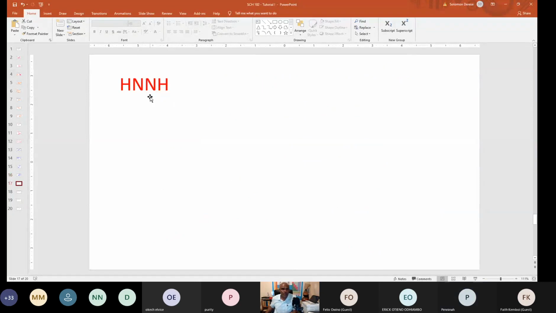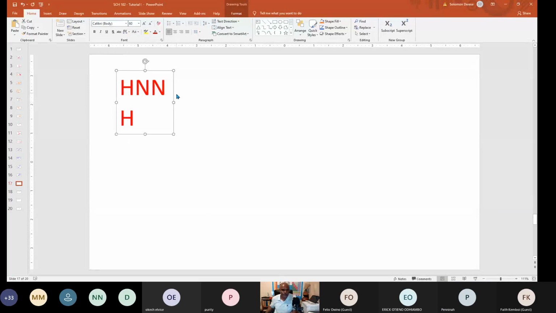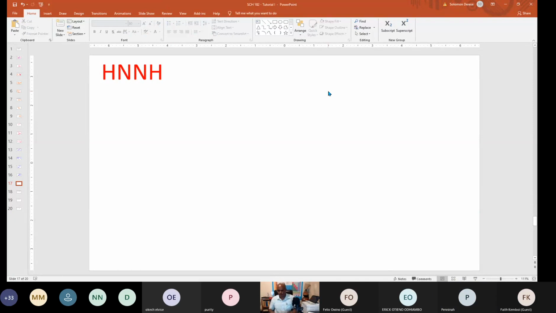So now let's look at this one, okay? H, N, N, H. Of course, the way they are arranged is the way they are written. So we have a hydrogen, a nitrogen, and another nitrogen.